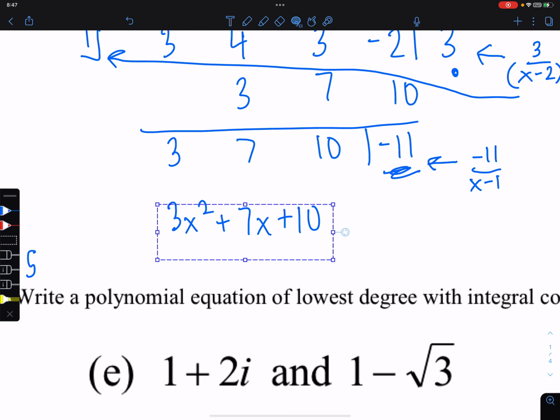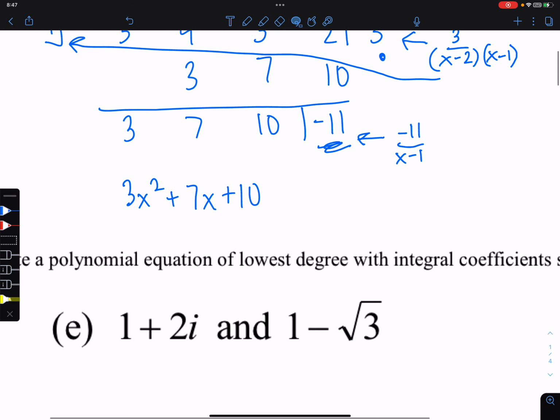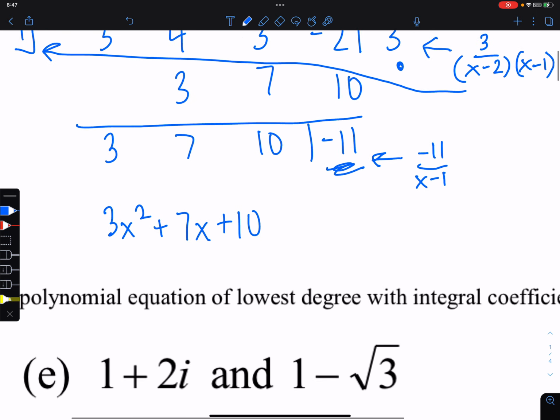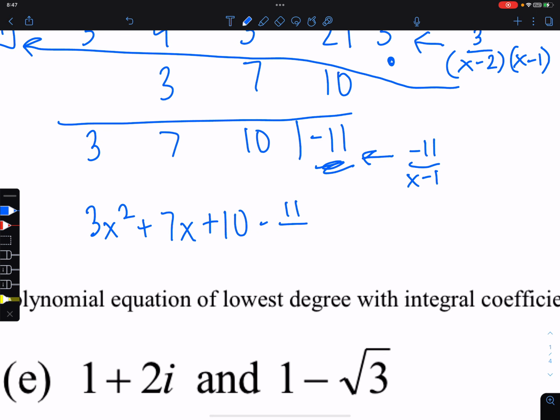I'm pretty sure Mr. Park will let you write your answer as these two fractions separated. If you do it the conventional way of doing long division, you would just get this, but with the fractions combined.